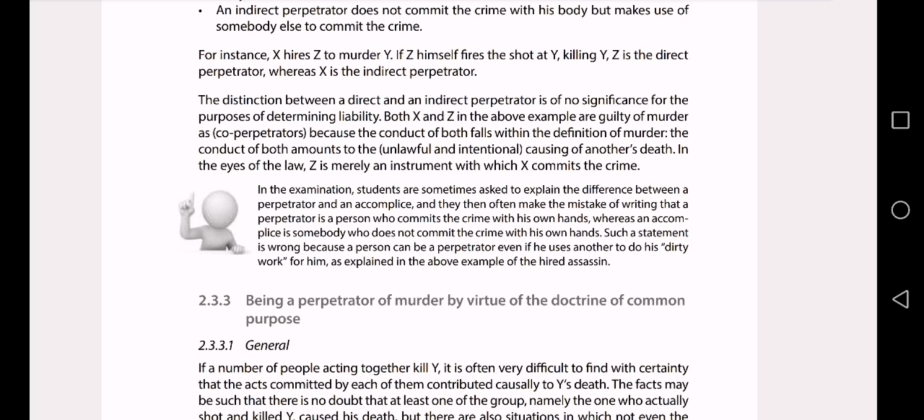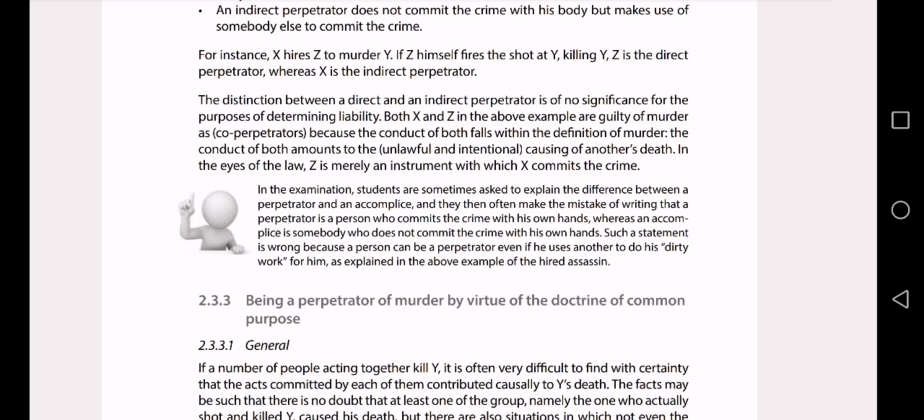The distinction between the direct and indirect perpetrator is of no significance for the purpose of determining liability. Both X and Z in the above example are guilty of murder as co-perpetrators because the conduct of both falls within the definition of murder.